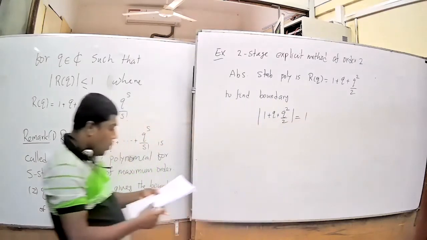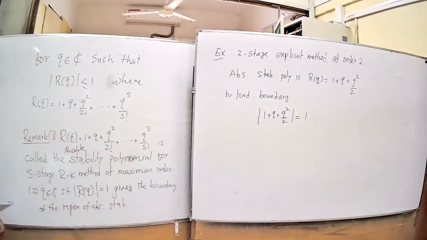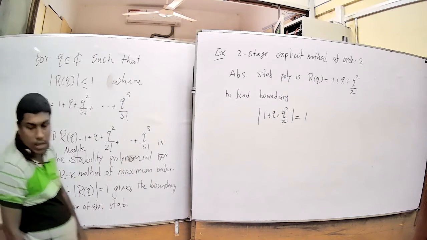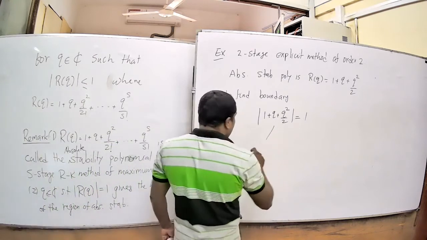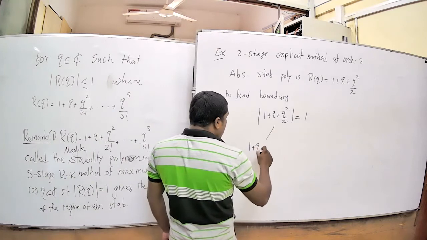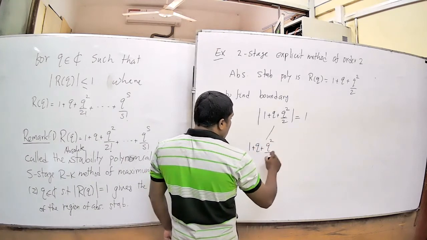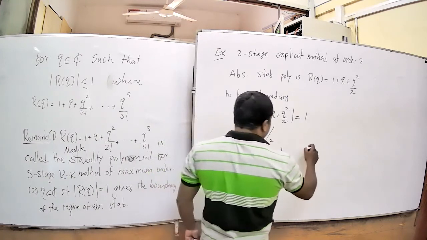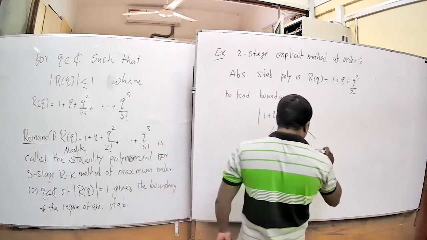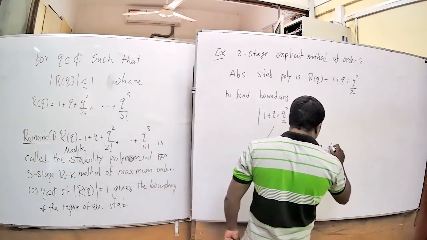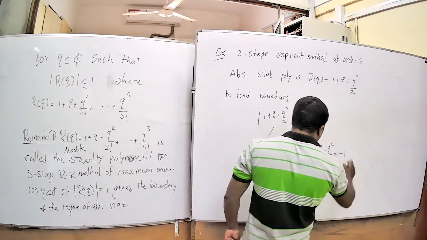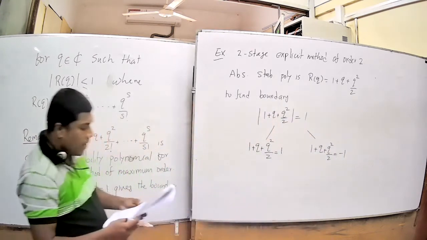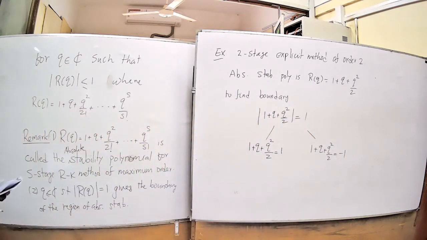You solve this equation, right? So you have to solve two equations. That's very simple for you. When you get rid of this absolute value, you will end up with these two cases.